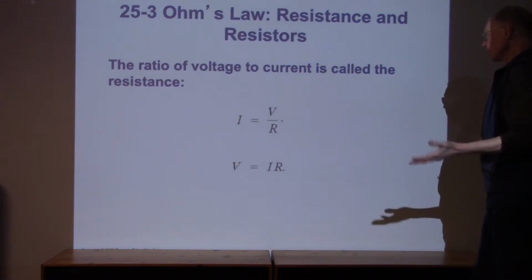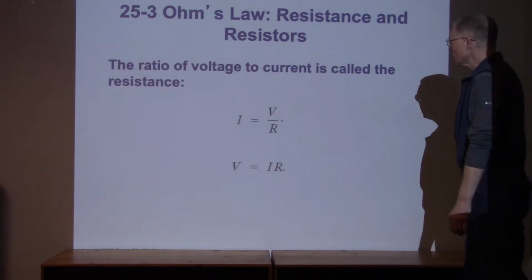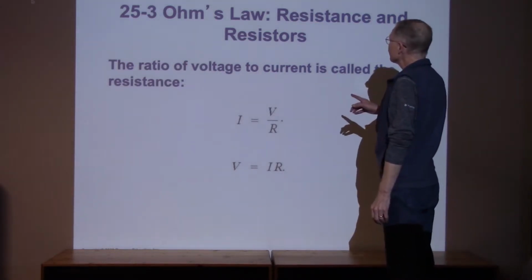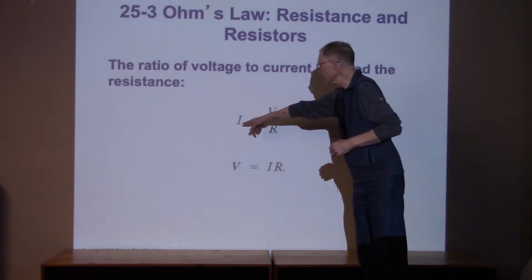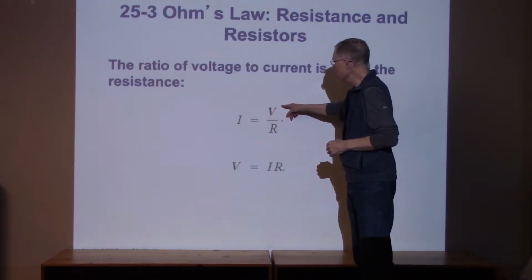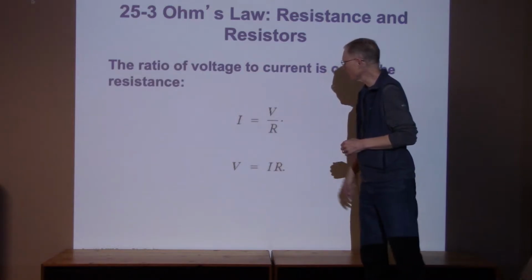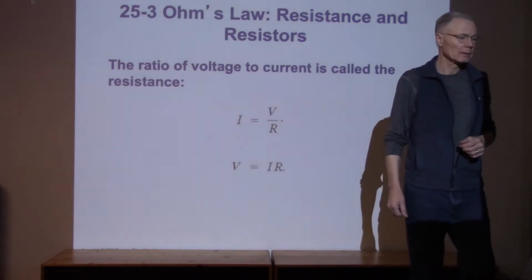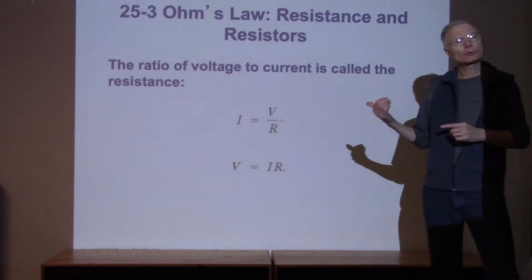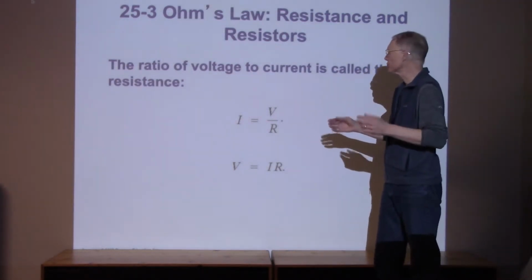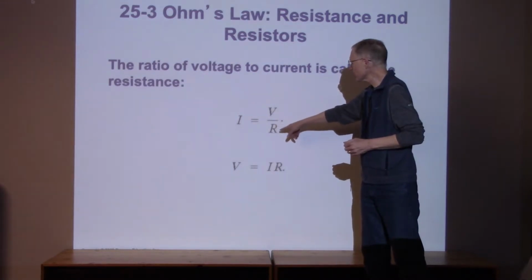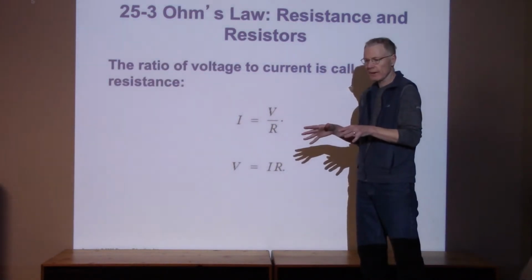Now, also, something else that we looked at in our previous lecture is called Ohm's law. What it states is that the current in a circuit depends on the voltage, and it depends on what the resistance is in the circuit. Now, this is not true for all materials. R is not necessarily a fixed constant value.